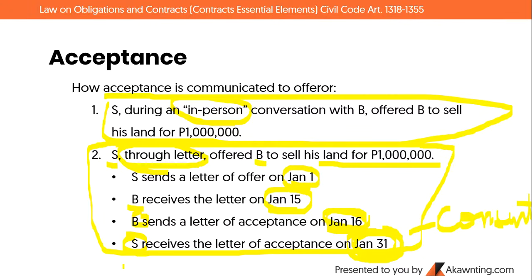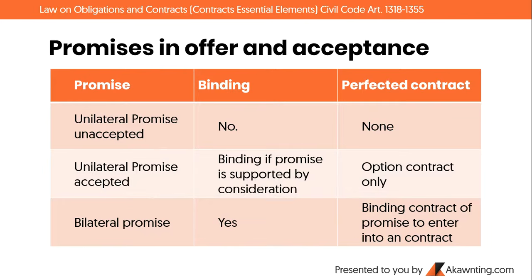Okay? So, promises in offer and acceptance. In contract kasi, pwedeng magkaroon ng mga tinatawag nating promises. So, yung mga promises na ito, hinati natin into 3. So, we have unilateral promises.